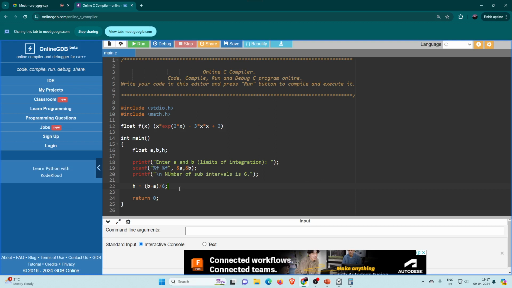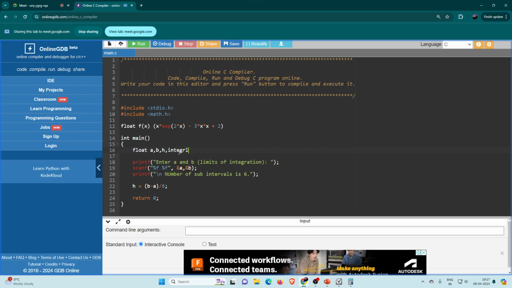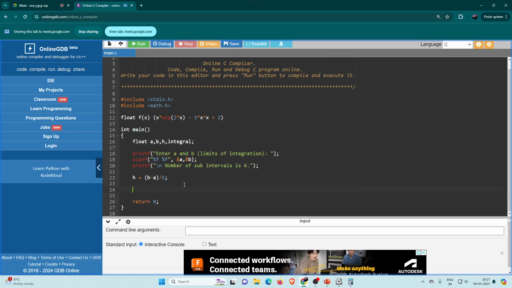And yeah, so the actual integral, right? I'll just call it integral. Okay, so like we saw that it's a summation of many values, right?